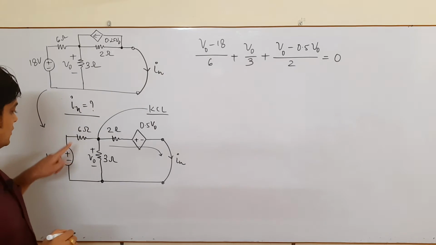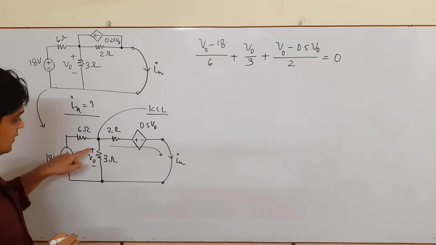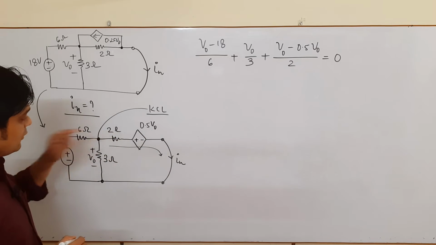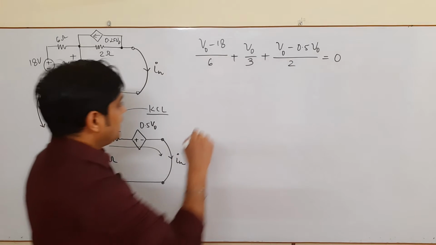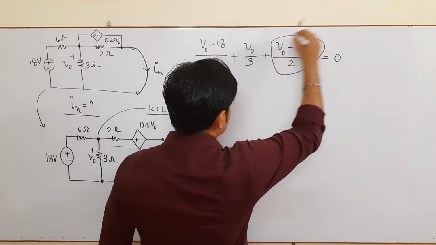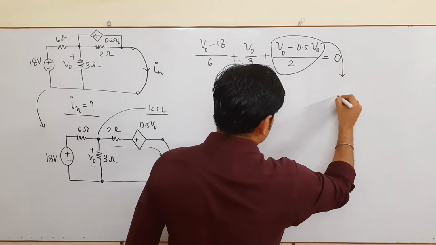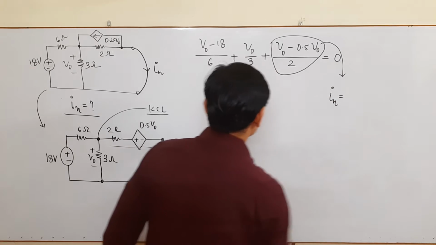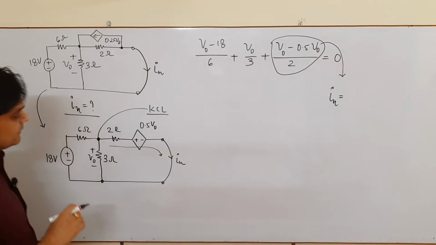Once again see, V naught minus 18 upon 6 is the current here, V naught upon 3 is the current here, and V naught minus 0.5 V naught upon 2 is the current here. And you can say this value is very important. Why? Because the value of IN is basically what?